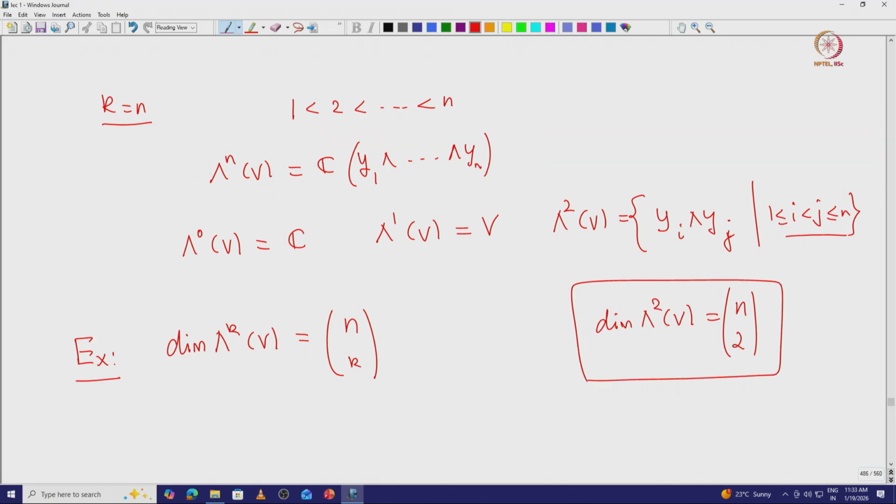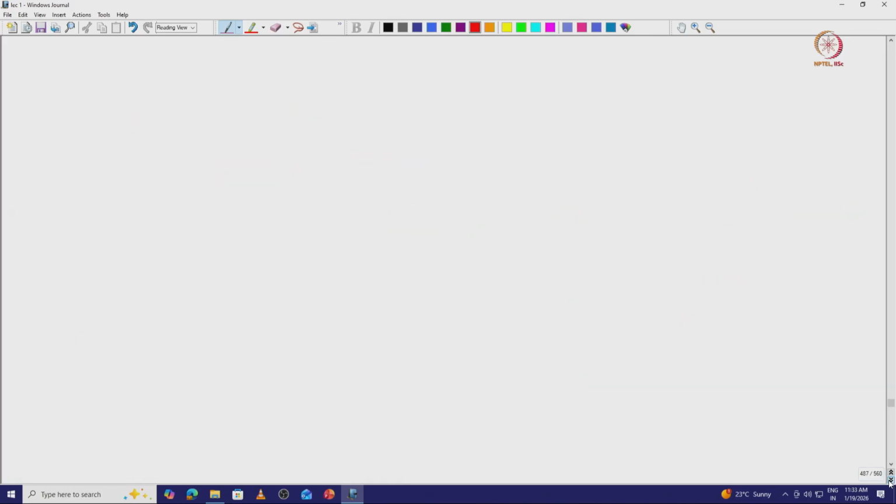Okay. So, what is the universal property of this lambda V? As before, we have a very similar universal property to what we have seen for the tensor product and symmetric product. Let me just write down the universal property and then I will leave it to you to check.